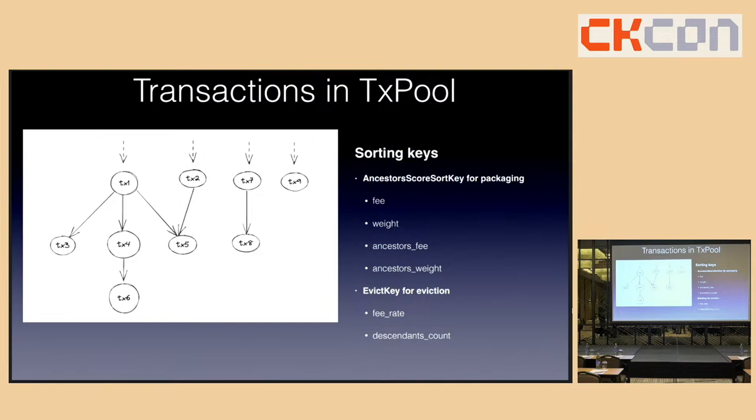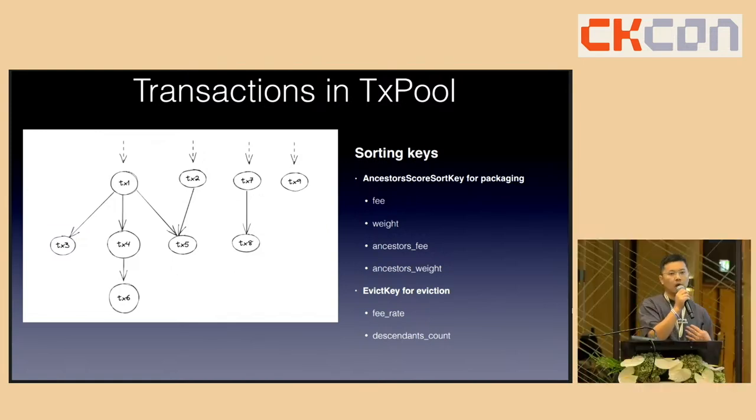There are two most important operations for the transaction pool. The first one is packaging. It means how we decide to pack the transactions. We need to consider factors like the fee, the weight, and the acceptance fee and acceptance weight.